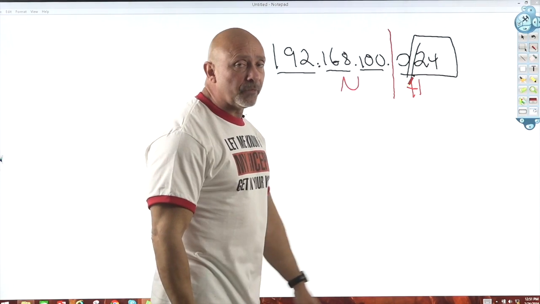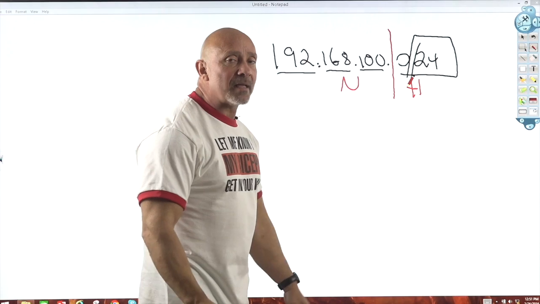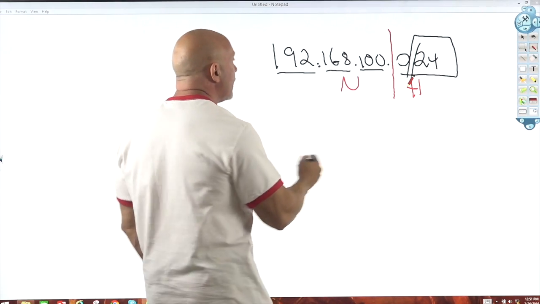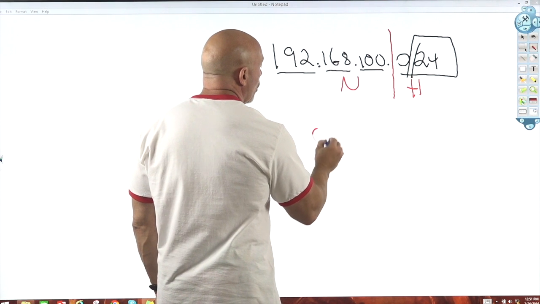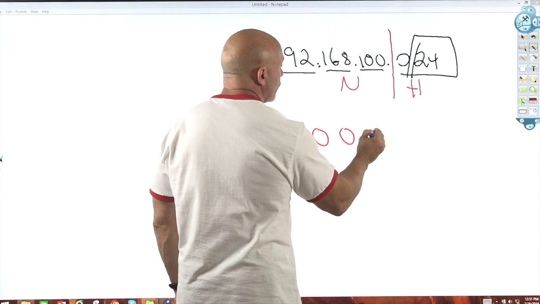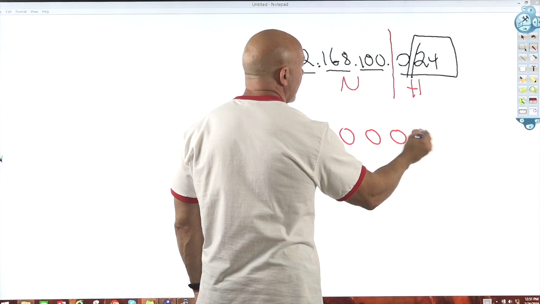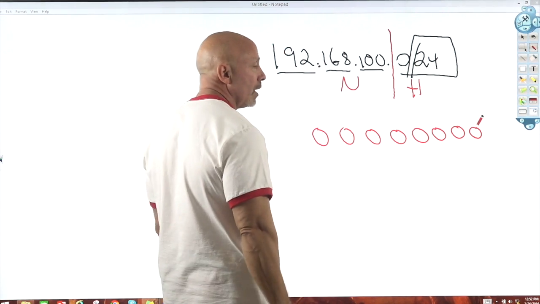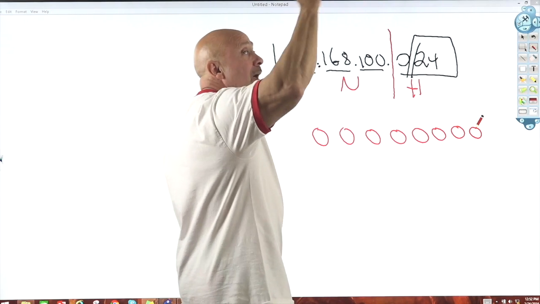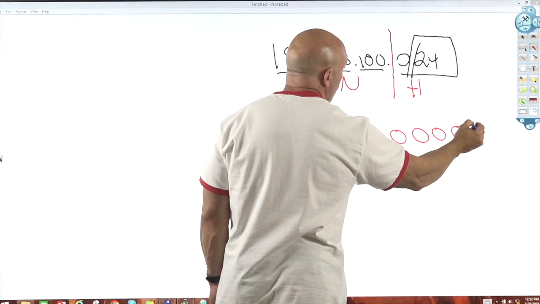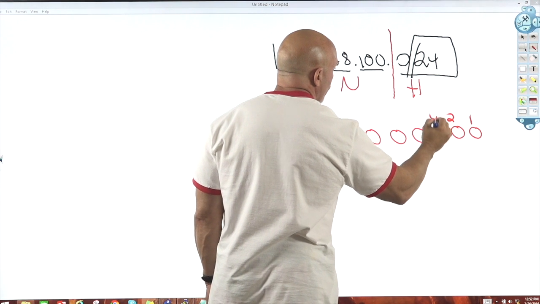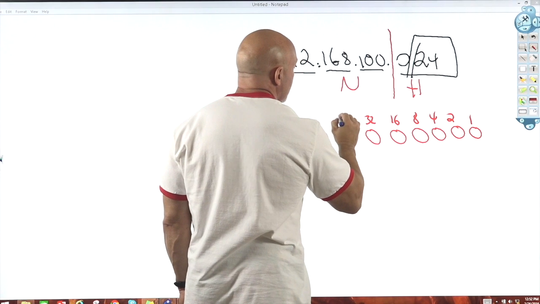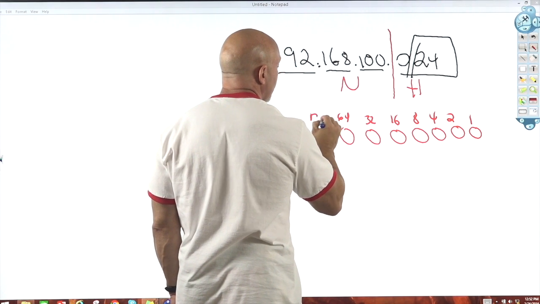So we have 254 addresses. How does Laz know that? My God, how does he know that there are 254 addresses? Because you have 1, 2, 3, 4, 5, 6, 7, 8 bits. Remember, on the top you have your bit values: 1, 2, 4, 8, 16, 32, 64, 128.